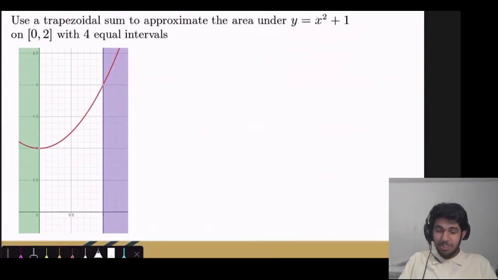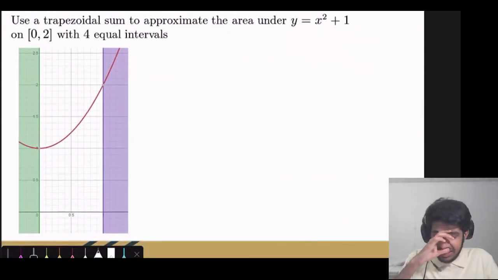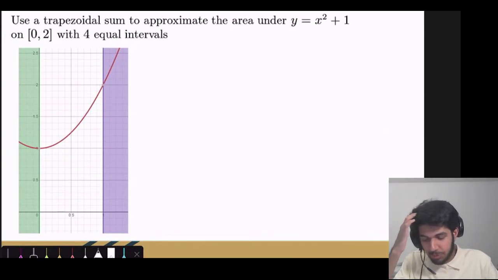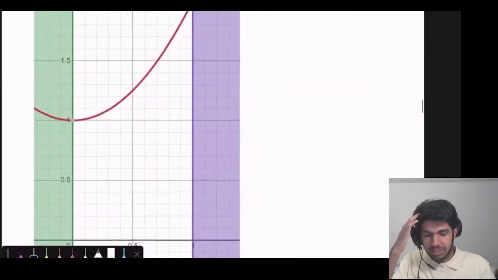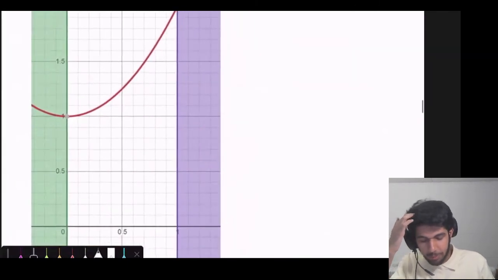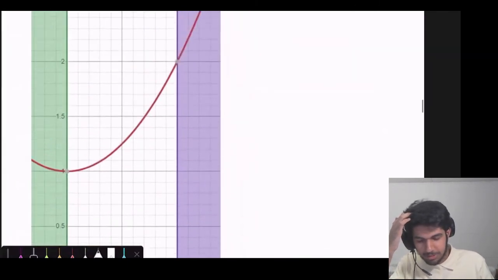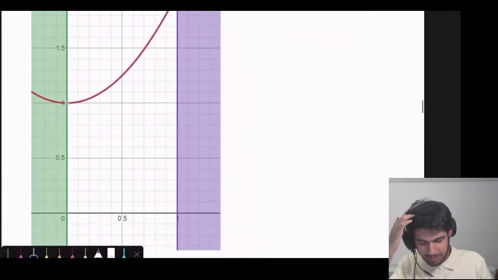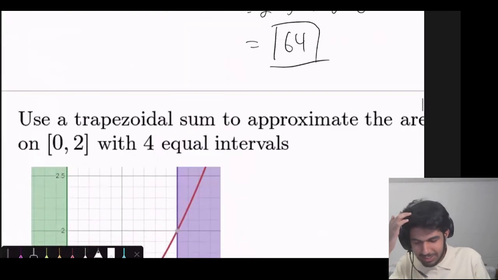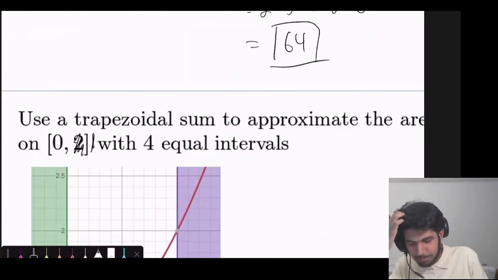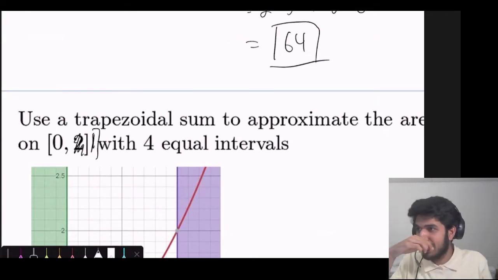Okay, we want to use a trapezoidal sum to approximate the area under this curve on 0 to 2 with 4 equal intervals. So once again, we have the drawing here, and we have 4 equal intervals. It's up to 1, so this is actually a mistake. This should be 1. That's my bad.